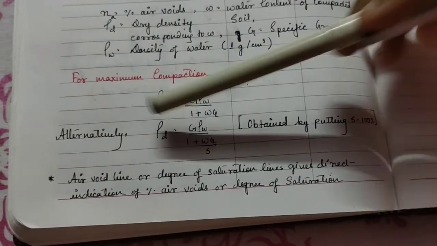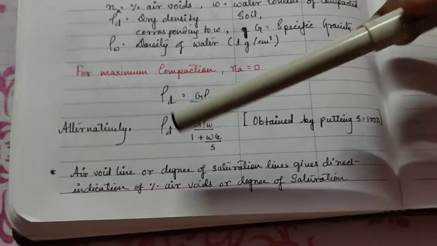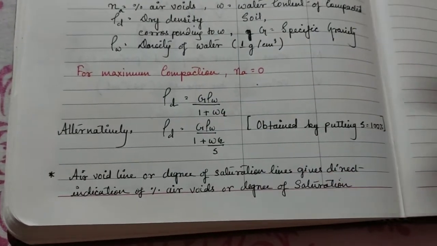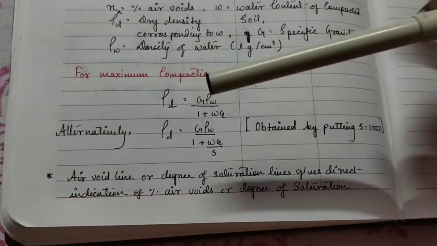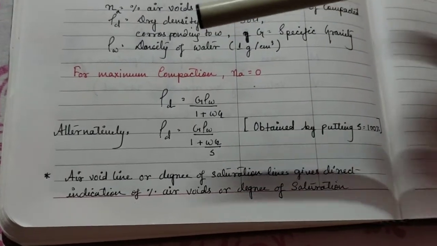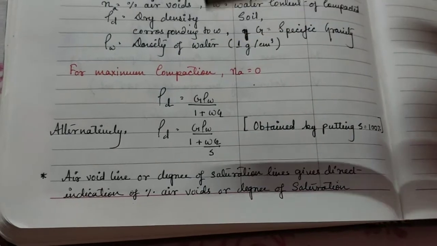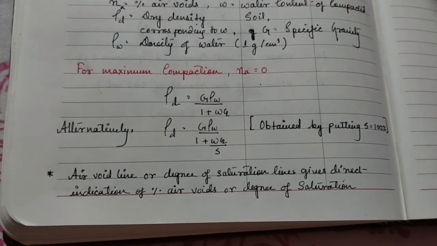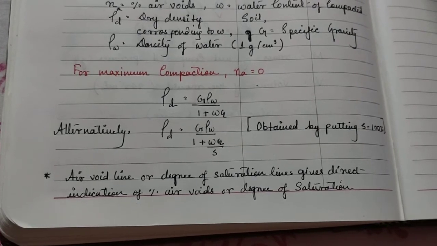Hence, the air void line or degree of saturation line, when drawn across a compaction curve, gives a direct indication of the percentage of air void or the degree of saturation existing at different points on the curve.